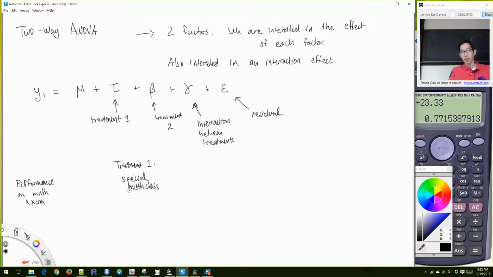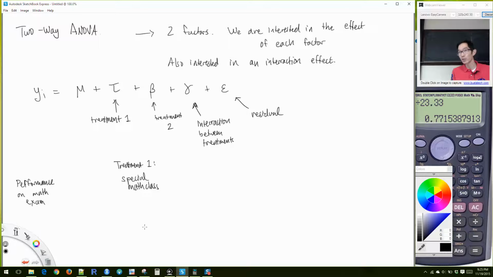Okay, and then maybe you studied this by itself, and the difference that special math class produces is it improved students' scores by 5 points or something like that. It's statistically significant.